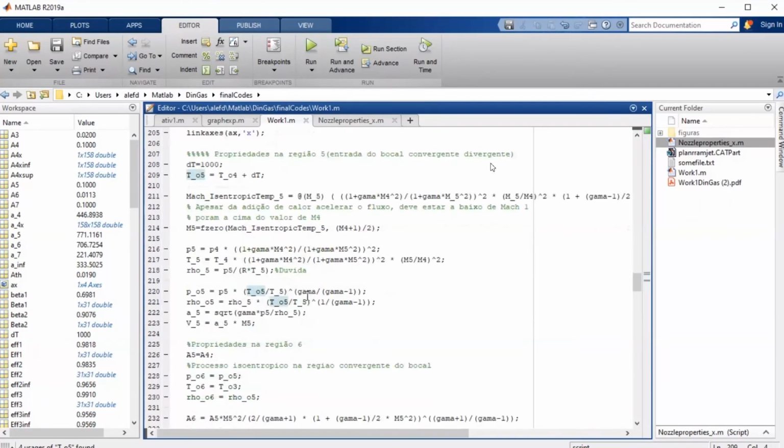In his semester, in his code, he used another relation. He didn't use the isentropic values, but he used the equations. In my opinion, it would be more correct to work with the stagnation temperature, because once we add the heat inside each fluid element, we are adding to the global energy.